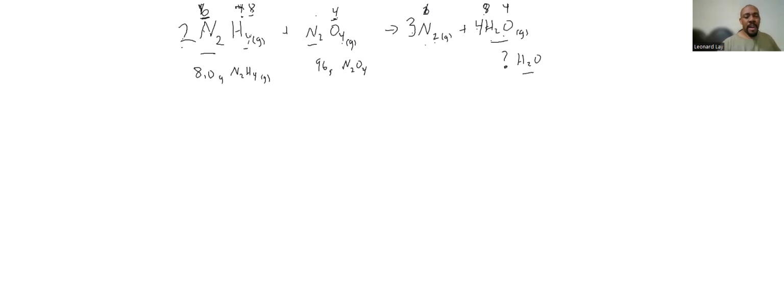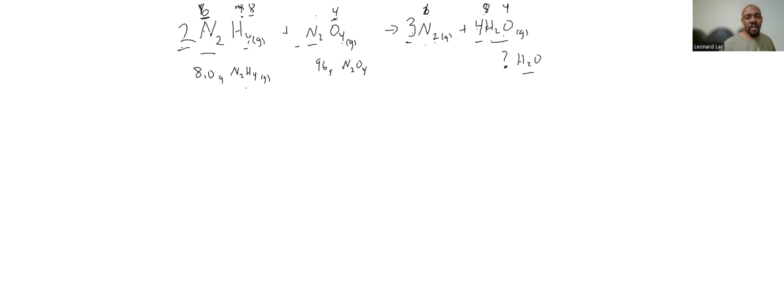So we need to know the molecular weight of each of these, because in order to be able to define this, we need to know how many moles of each thing that we have, because these coefficients are going to be the number of moles, the mole ratio. Okay.